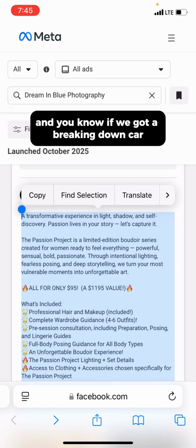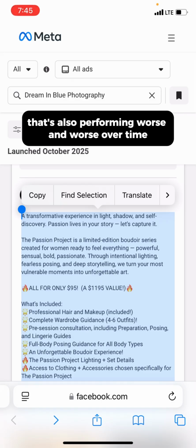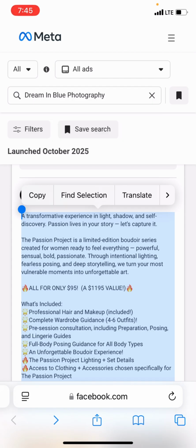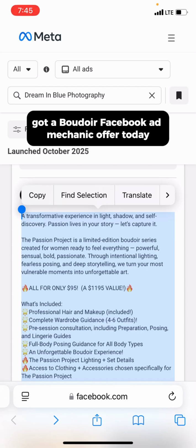So we got breaking down boudoir Facebook ads. And if we got a breaking down car that's also performing worse and worse over time, where the heck do we bring the car? We bring it to a car mechanic. So similarly, we got a boudoir Facebook ad mechanic offer today.